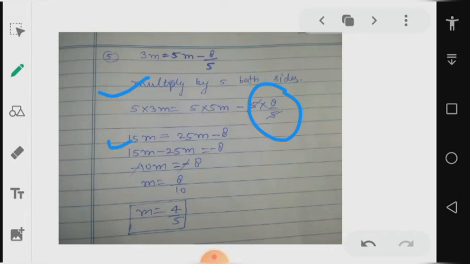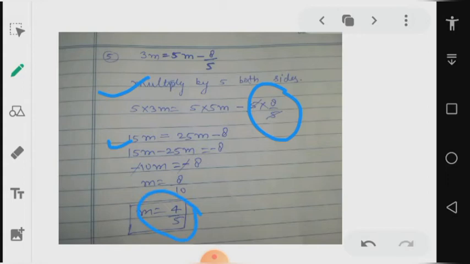On the right side 5 fives is 25. Here 5 and 5 can be cut, so we have minus 8. Again, to balance the equation, 25 is transposed, that becomes minus 25. After subtraction and balancing we have m equals 8 by 10.